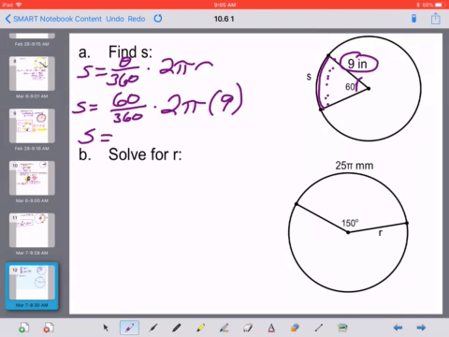What I would do if I were you is simply go to my calculator and type in 60 divided by 360 times 2 times 9. You can put the pi in if you want, although sometimes it's going to give you a decimal. That fraction becomes 1/6 of 18 pi, and that's going to get us 3 pi inches for the length of that arc.